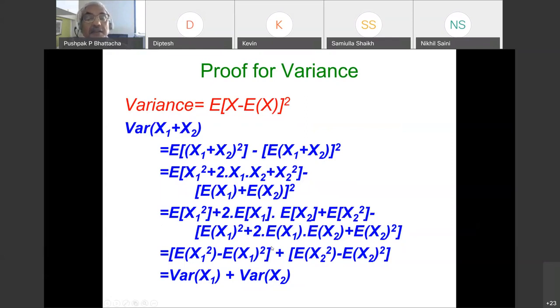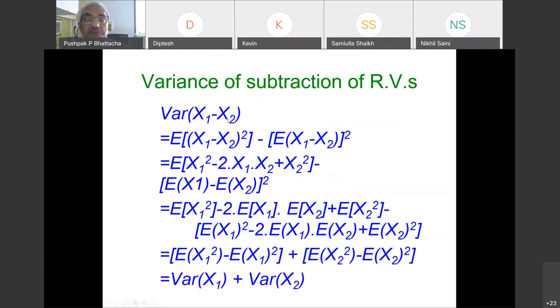Now let's look at the variance of x1 minus x2. By definition, this is expectation of (x1 minus x2) square minus (expectation of x1 minus x2) whole square. So apply (a minus b) square, x1 square minus 2 x1 x2 plus x2 square. And expectation of subtraction is subtraction of expectations. So expectation of x1 minus expectation of x2, whole square.